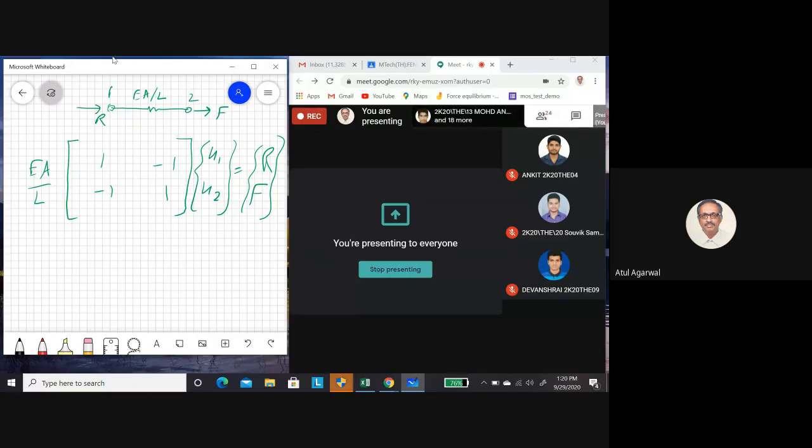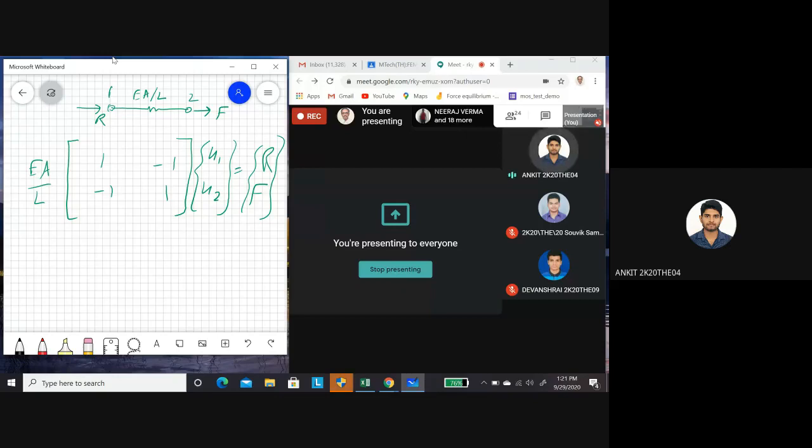How to interpret this equation physically? Souvik, Ankit?